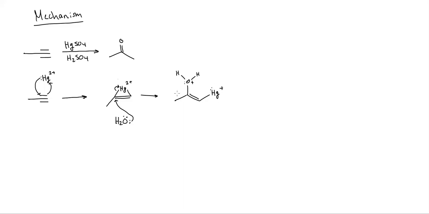Okay, so now I need to deprotonate the water, right? I always have to have this step basically. So we're very familiar with this step, deprotonating water. That's no problem. So we deprotonate the water. So then that's going to give me OH. And it also gives me H3O plus.